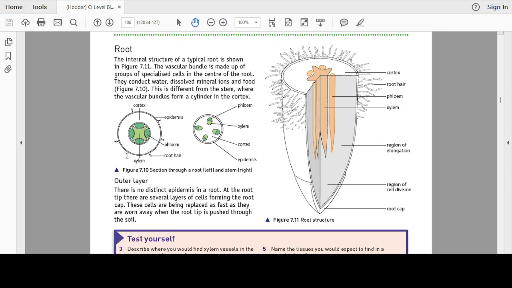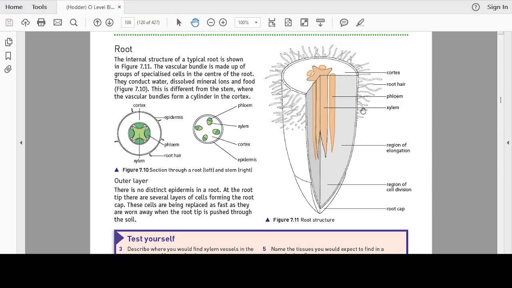So whenever you're given a diagrammatic representation, and you're asked to label where the xylem or phloem is, first of all, remember what they look like. If they're given as these individual bundles in a circular pattern, then that's the stem. If they're given all concentrated in the center, then that's the root. And within those, the xylem is on the inside, the phloem is on the outside in either case. So just keep that in mind when you're labeling.